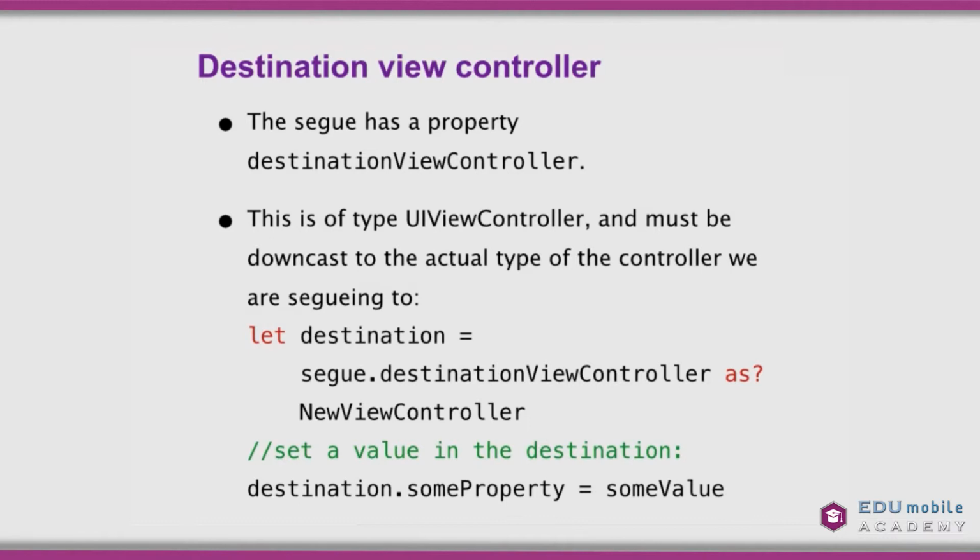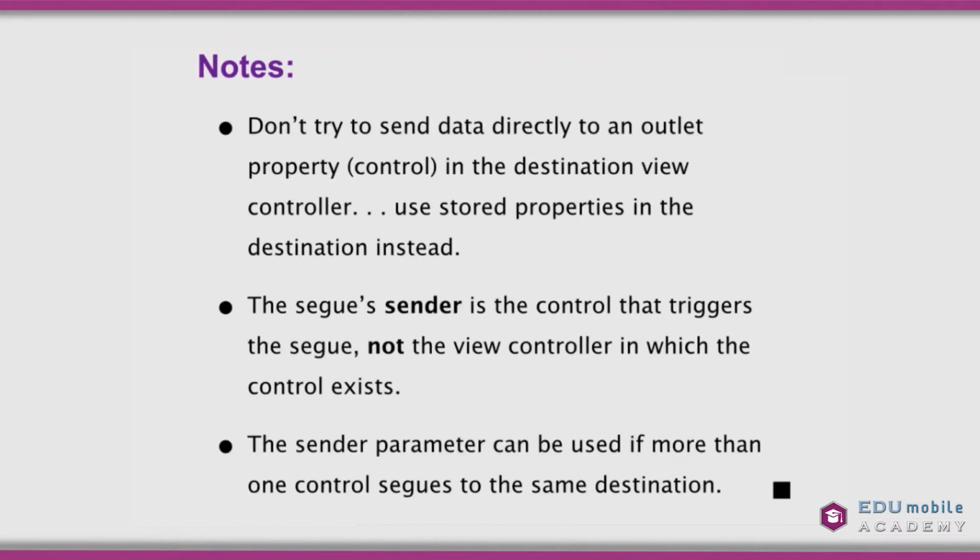And that's it. That's all we have to do in the prepare for segue method. Then, after prepare for segue is done, the segue will be fired and the new view controller will be brought up. So, a couple of notes here. Don't try to send data directly to an outlet property in the destination view controller.